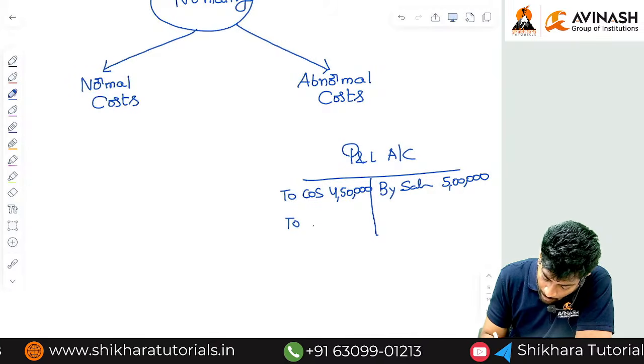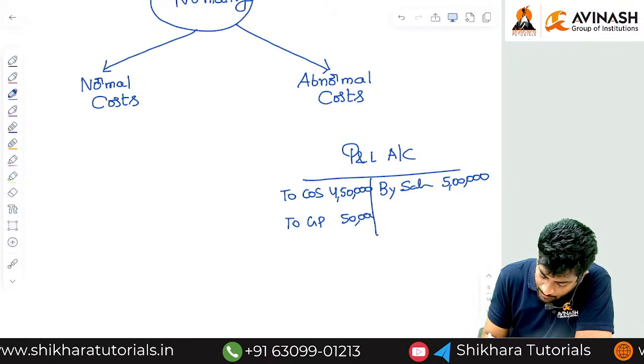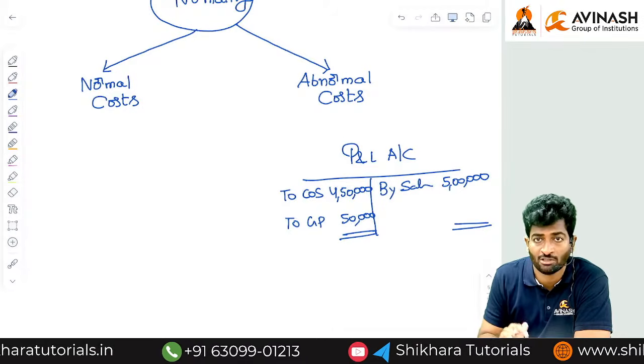Now, profit 50,000 rupees. This is if you include it in your cost sheet.